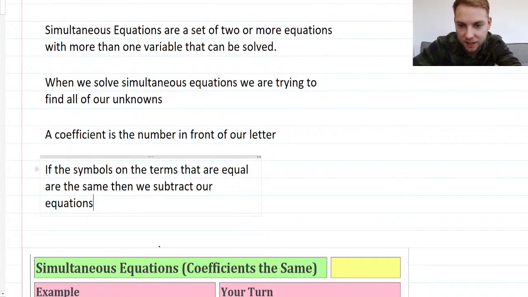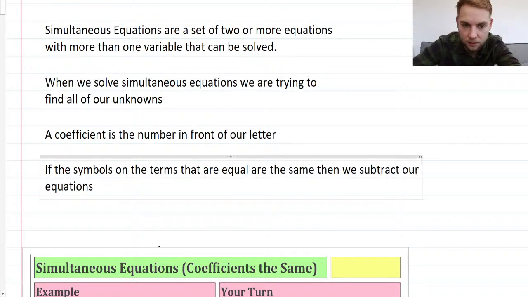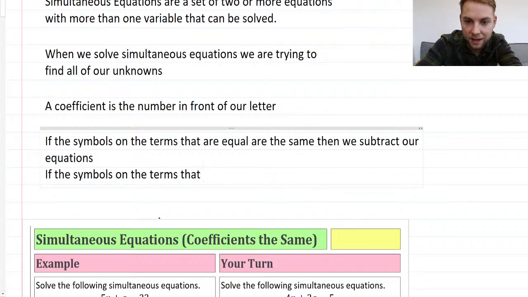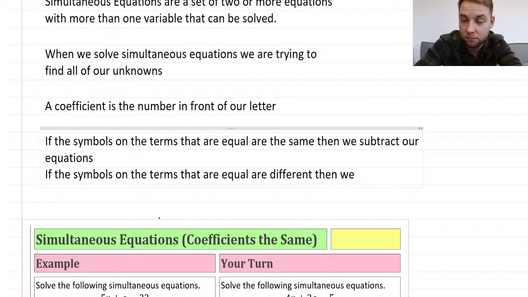We'll talk about what this means in a second, just get it down for now. If the symbols on the terms that are equal are the same, then we subtract our equations. And the next one, if the symbols on the terms that are equal are different, then we add our equations.